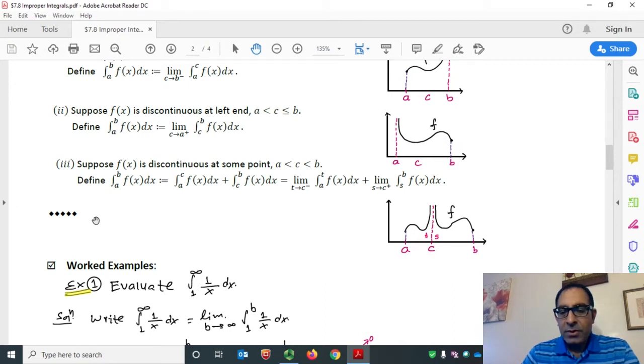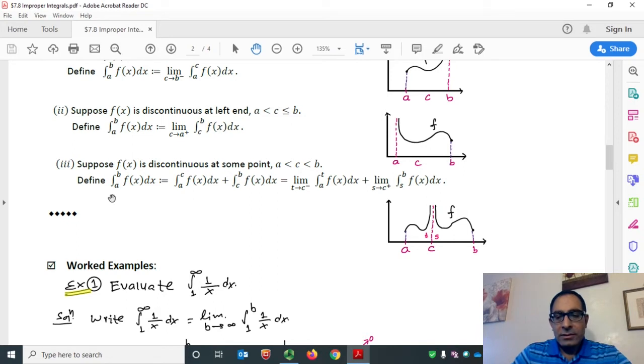Then to define the improper integral of f(x) from a to b, I need to pick a number smaller than c and a number bigger than c, and define one definite integral and take the limit as this number goes to c from the left, and another definite integral from a number s, which is bigger than c, so s to b, and then take the limit as s goes to c from the right side. That's what I did here.